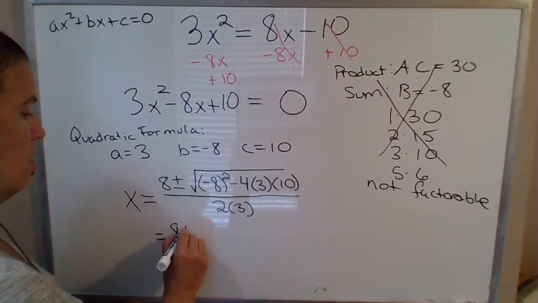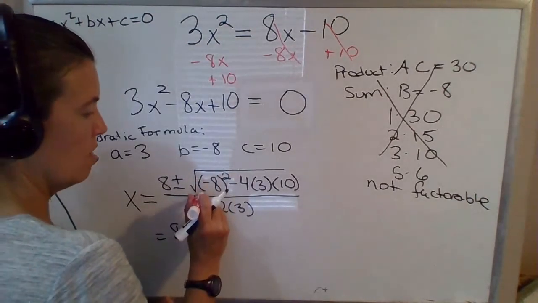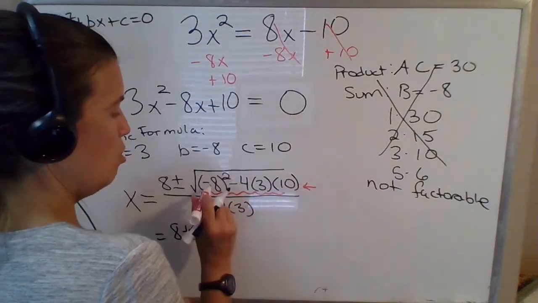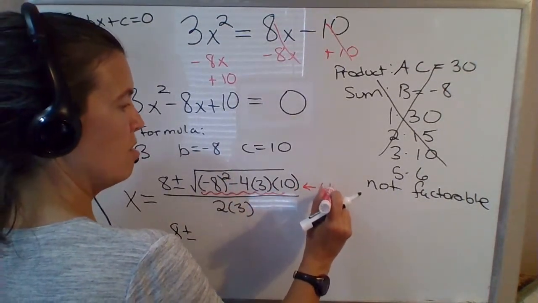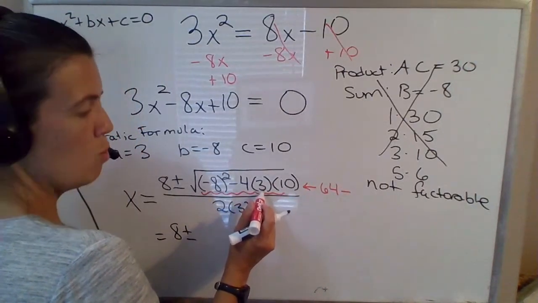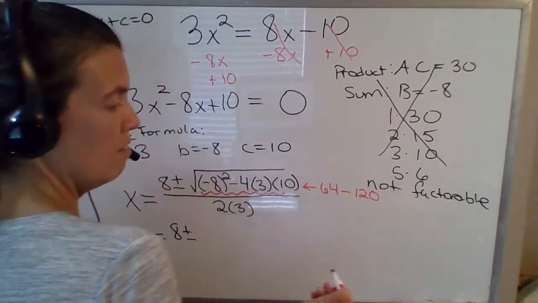That gives me, let's see, what do we get under the radical? Let's focus on this right here. So under the radical, you have negative 8 squared, so that's positive 64, minus 4 times 3 is 12, times 10 is 120. So we're going to have a negative number here.